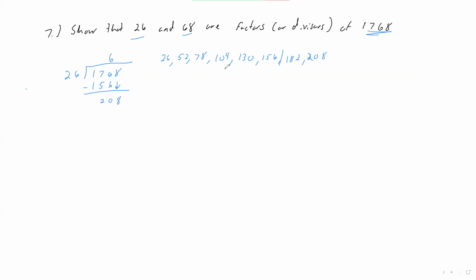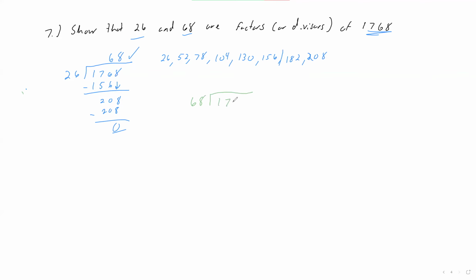And I can see it does go into it evenly. So 1, 2, 3, 4, 5, 6, 7, 8. And then when I get that remainder of 0, I just proved that 26 is a factor since I got a remainder of 0. So now we just got to prove the 68. So we'll do that as well.